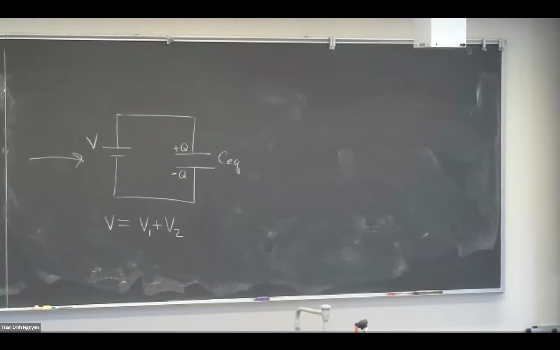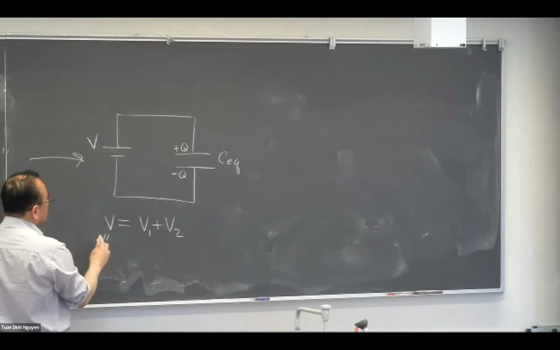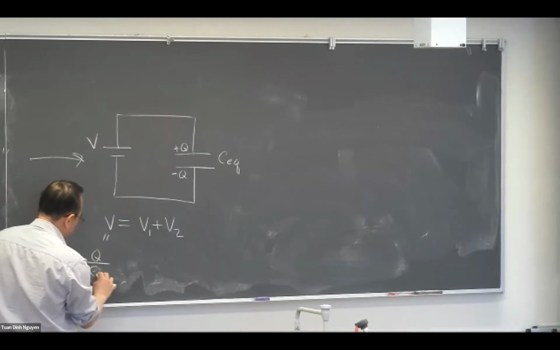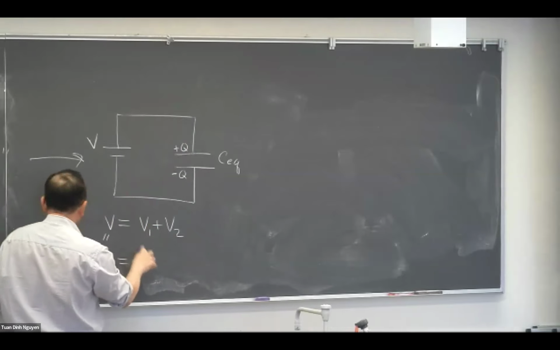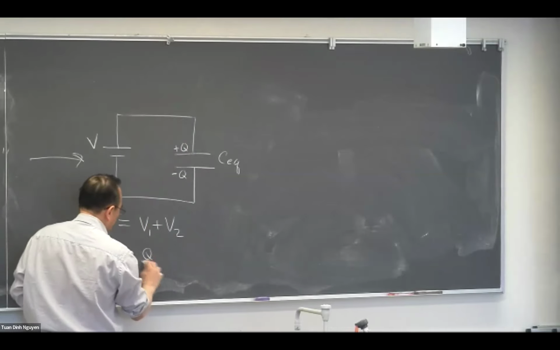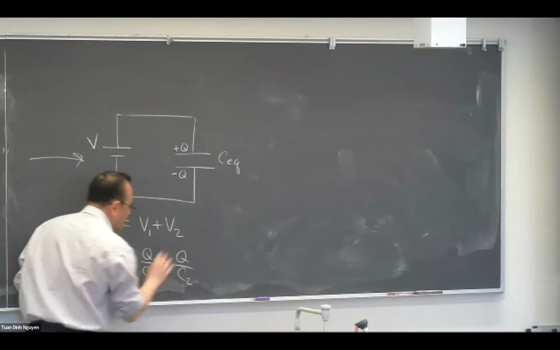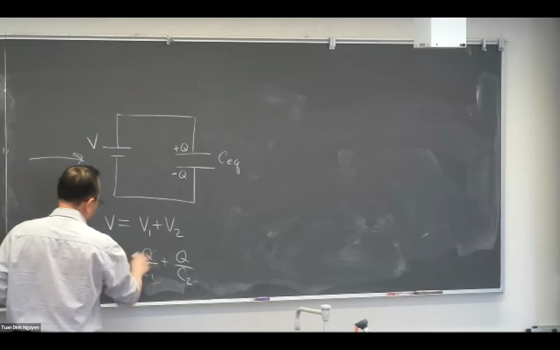It only saw Q coming out. So this side is going to be Q over C equivalent. And then this side would be what we had before, Q over C1, Q over C2. And this time the Q's are the ones that cancel.